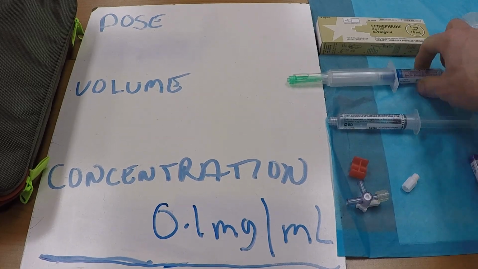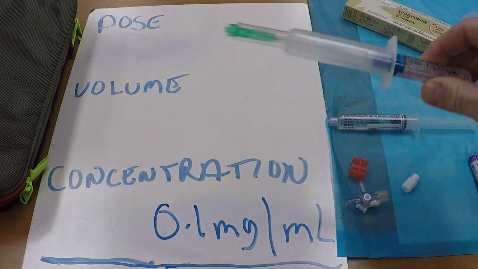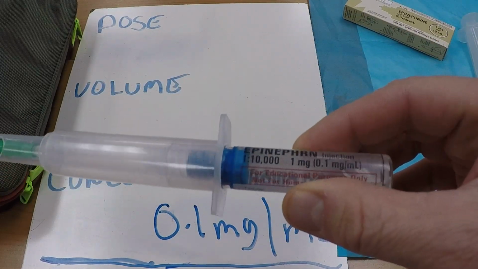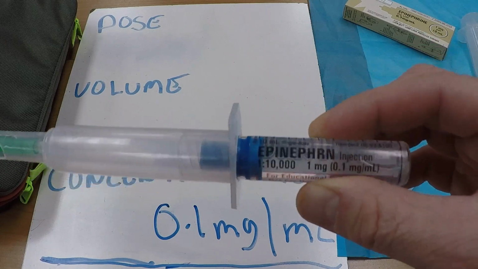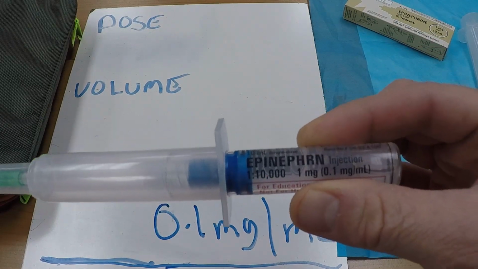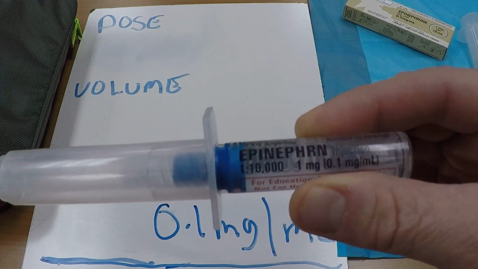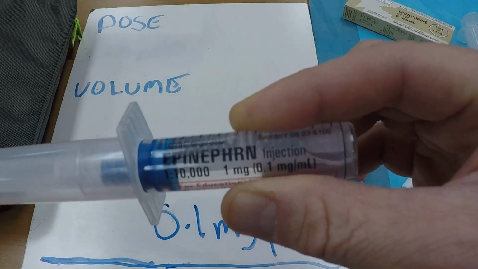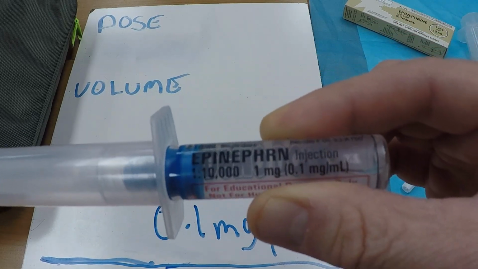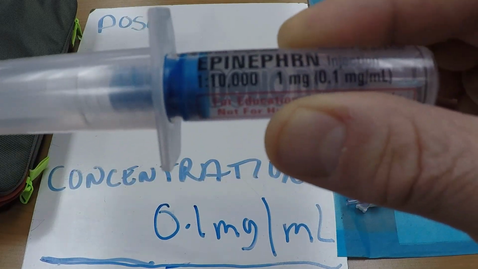We can take our gray box epinephrine, and what I'm holding now has 1 milligram of epinephrine in 10 milliliters. So 1 milligram, 10 milliliters, and if you can see the concentration, it's 0.1 milligram per ml. So that's the concentration that we want.